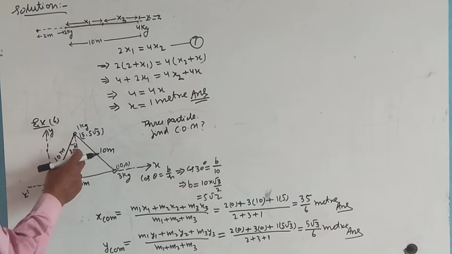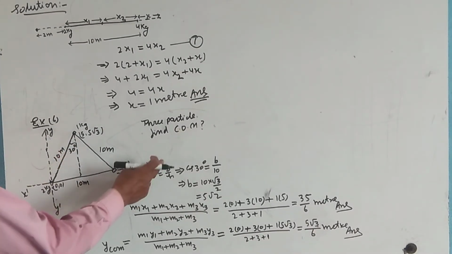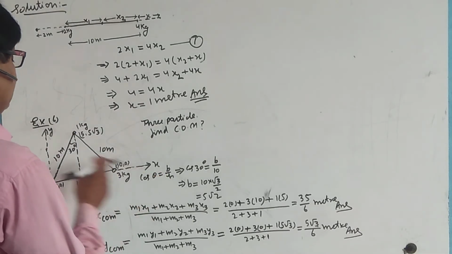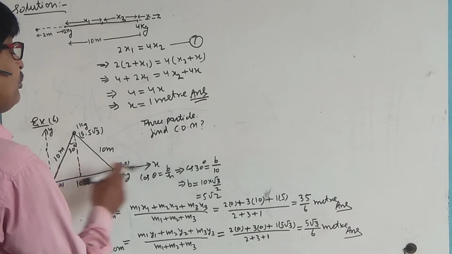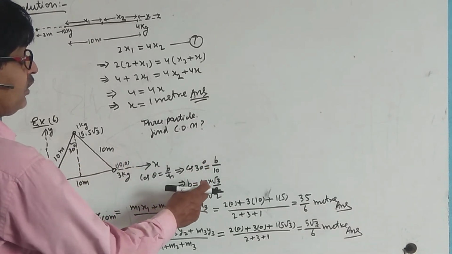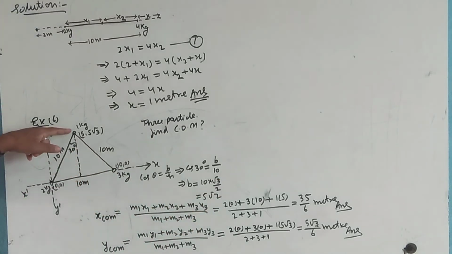Cos theta equal to base by hypotenuse, so cos 30 degree equal to b by 10, so b is equal to 10 cos 30 degree, root 3 by 2, that is 5 root 3, so the coordinate of this point is (5, 5 root 3) here.